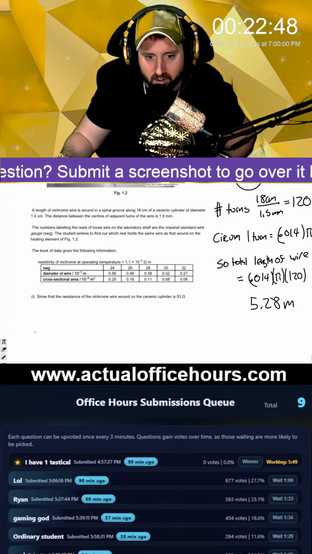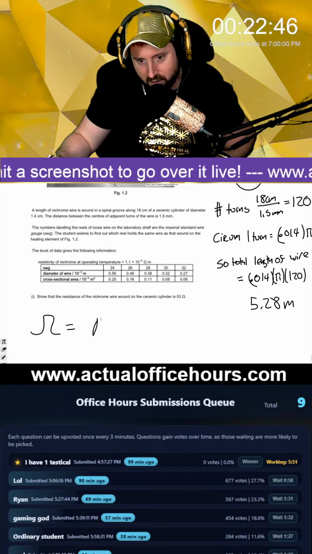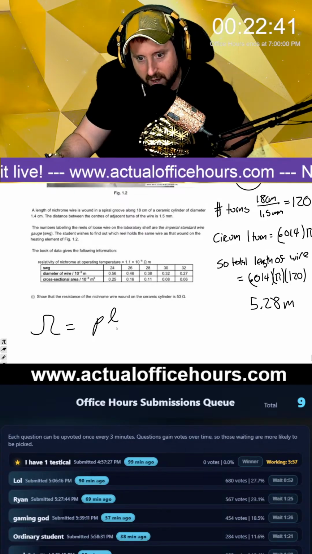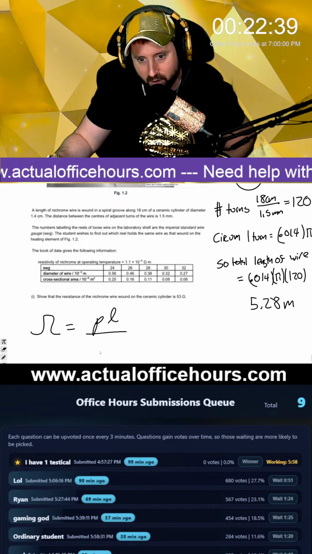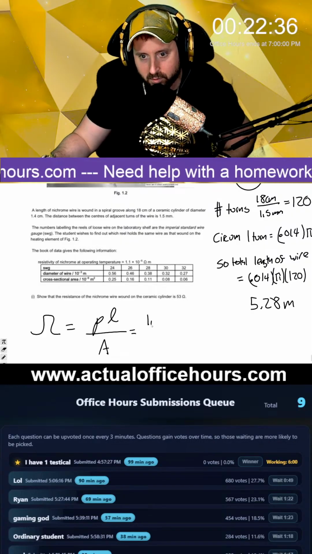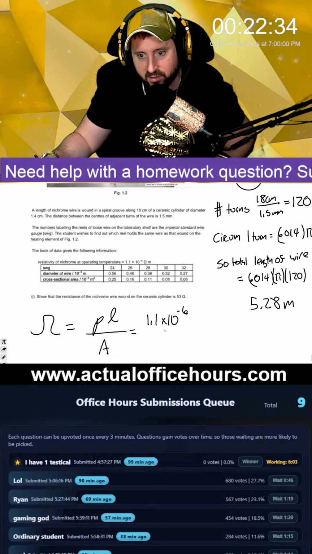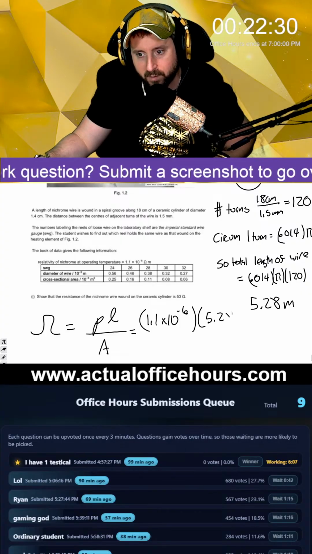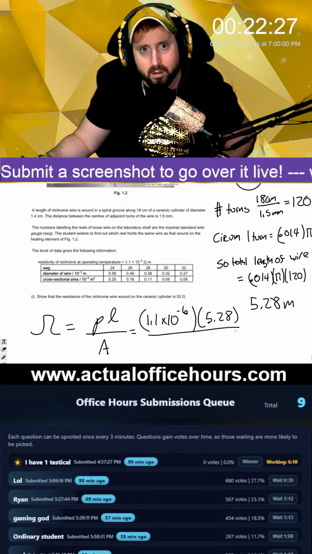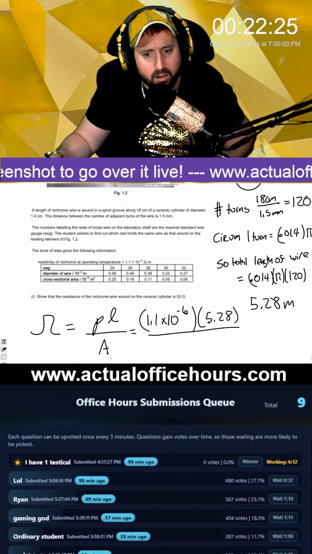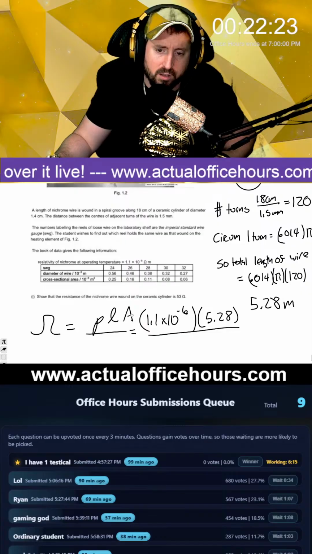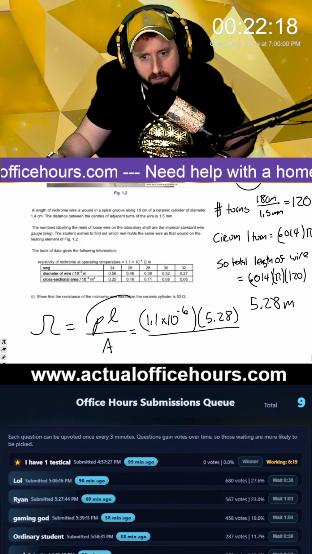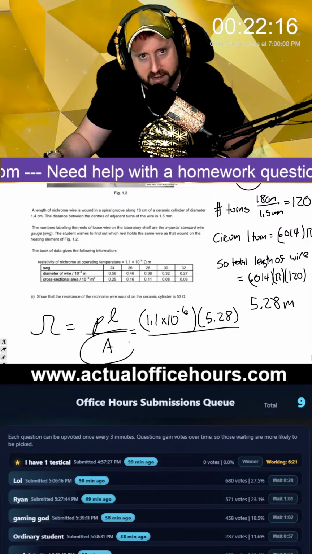So resistance is equal to resistivity, times the length, and then it's over A. So this is 1.1 times 10 to the minus 6 times the 5.28. Oh, no, wait, it's RA over L. Because resistance should go up with L, and it should go down with A.